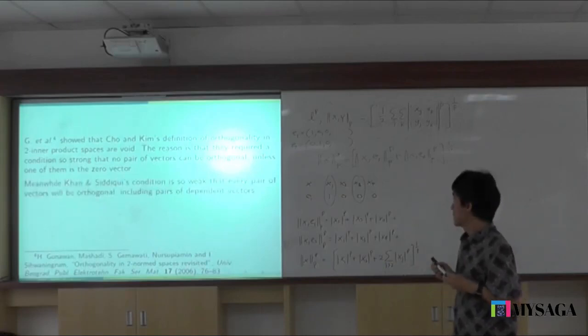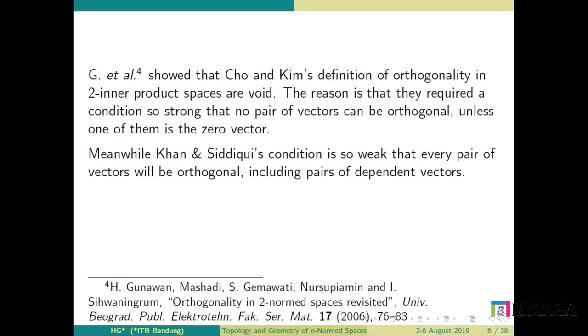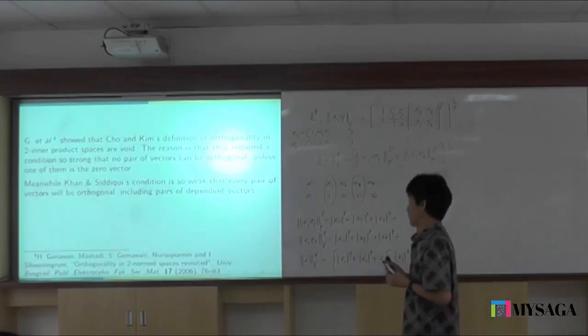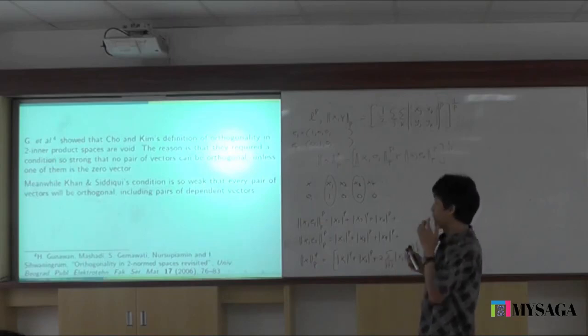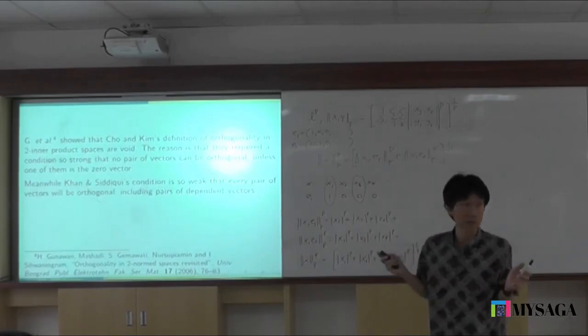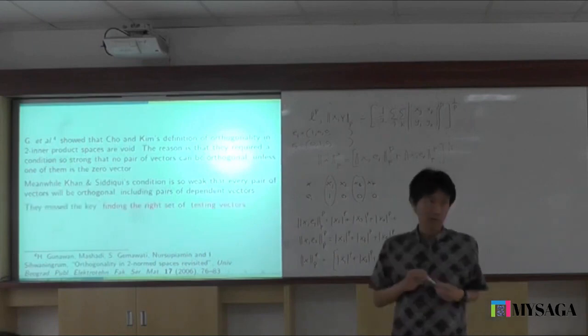And Khan and Siddiqui's condition is too weak. So weak that every pair of vectors will be orthogonal. Of course, then it's too ridiculous, right? To have every pair of vectors orthogonal, including pairs of dependent vectors. Why did they miss this? They missed one thing.